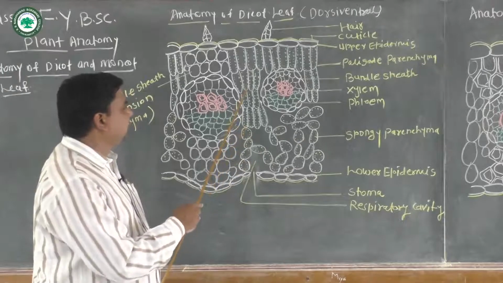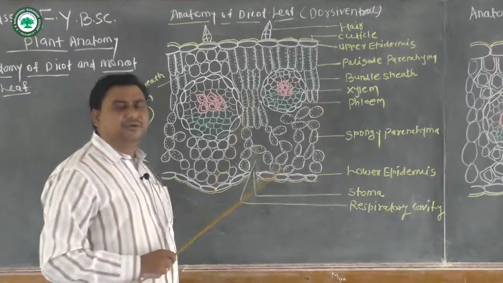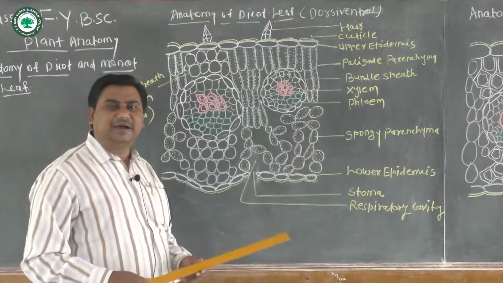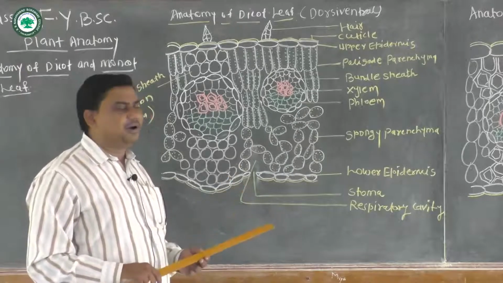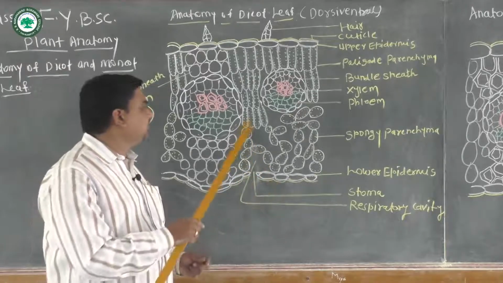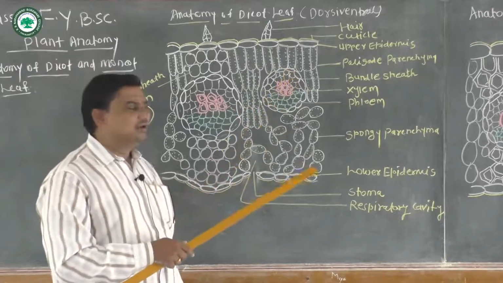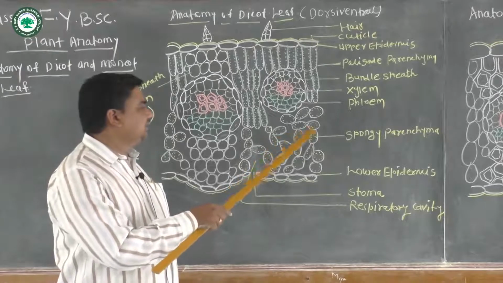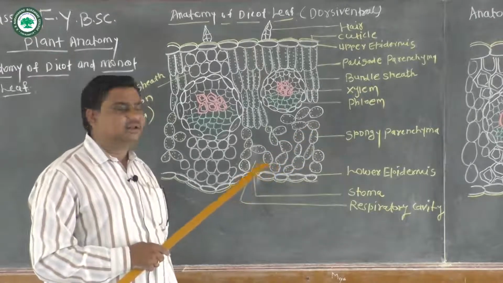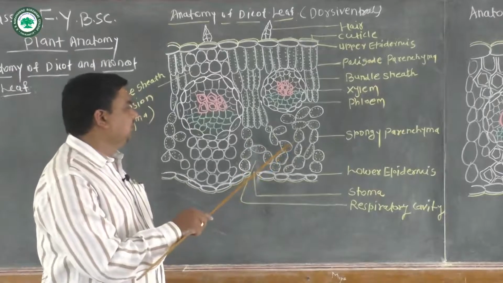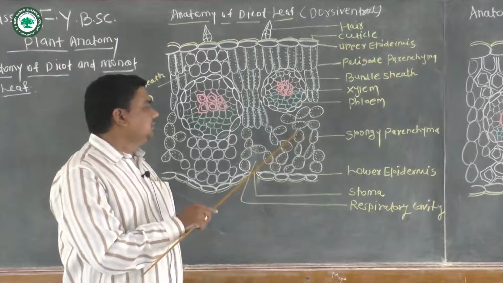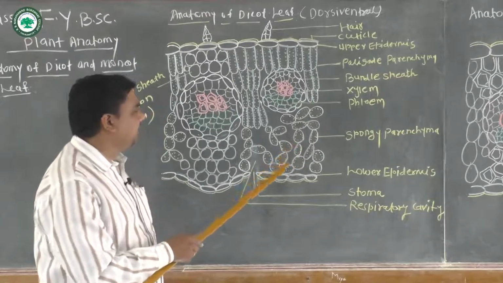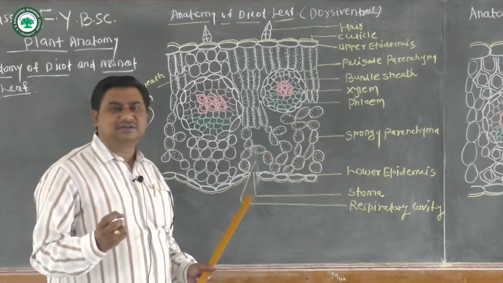When we compare the number of palisade cells with the spongy parenchyma, the number of palisade cells is more as compared to the spongy parenchyma. So in the lower region there is the spongy parenchymatous region, made up of spongy parenchymatous cells having a sponge-like structure.